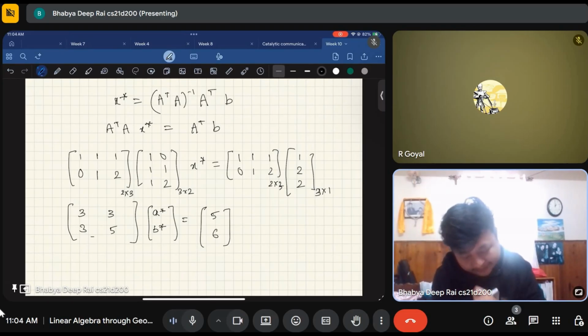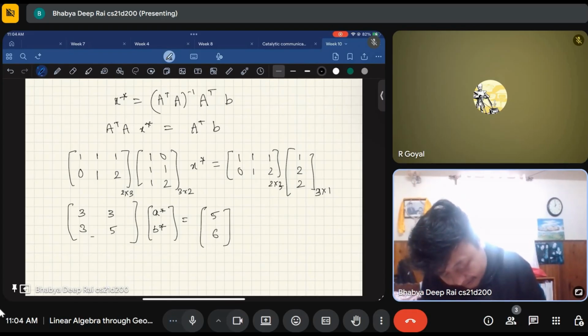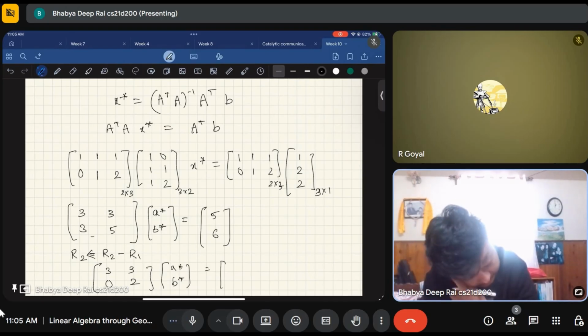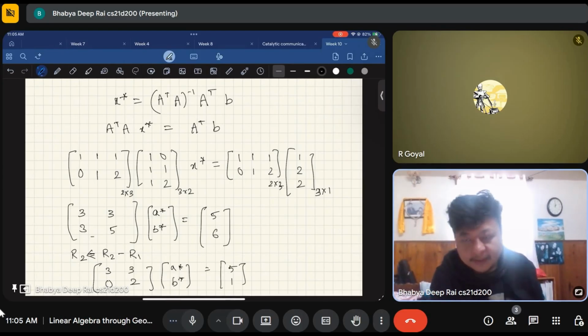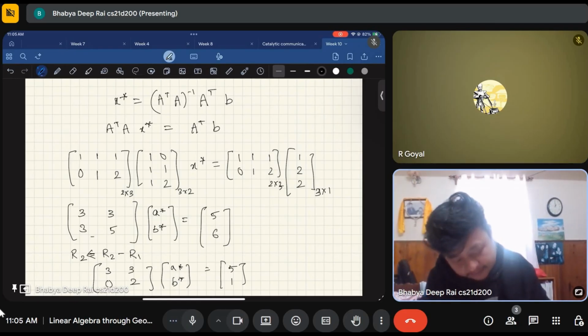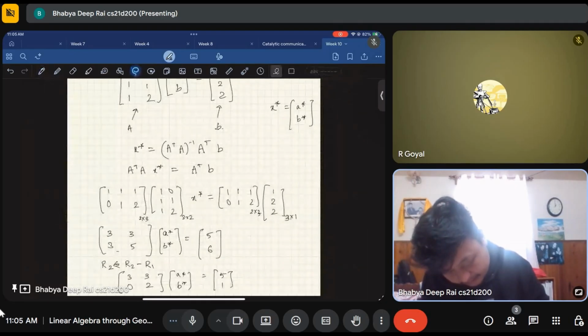Now I have a bunch of linear equations. I'll just do one round of Gaussian elimination, R2 equals R2 minus R1, which will give me 3 3 0 2, times a star b star, equals 5 and 6 minus 5 is 1.